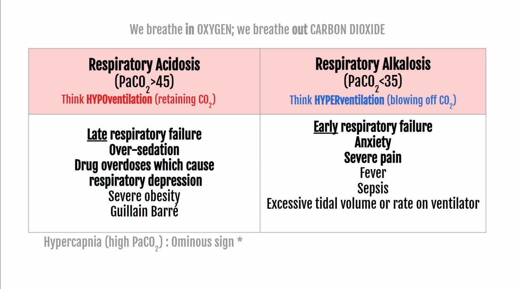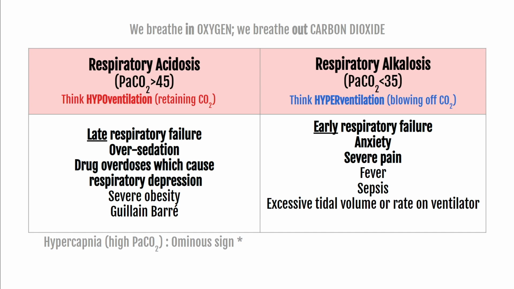I'm not going to go through this whole chart in detail, but what you need to know is that respiratory acidosis is going to occur when your carbon dioxide level is greater than 45. We're thinking hypoventilation and we're retaining CO2. That's going to happen in late respiratory failure, oversedation, and drug overdoses that cause respiratory depression, as well as severe obesity and Guillain-Barré.